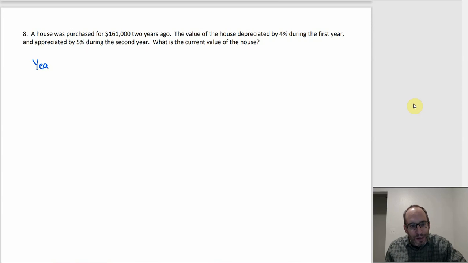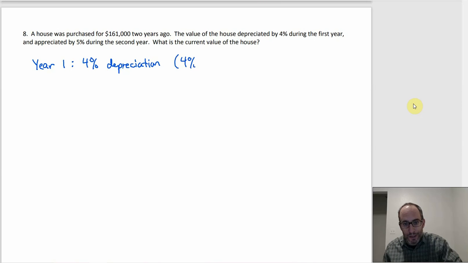And there is a lot to kind of diagram here. So for year 1, that's where we have the 4% depreciation. So we can kind of do what we were doing before. Depreciation is a decrease, so it's going to be a 4% decrease, right? So that's what this is.